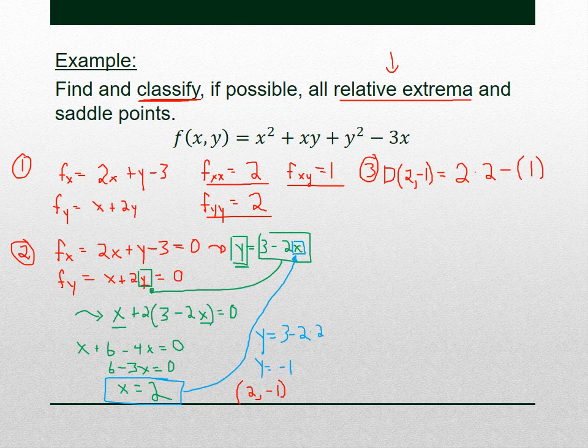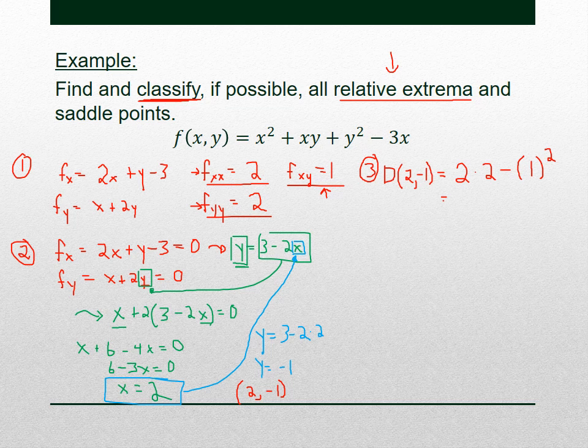Now fyy of (2, -1), well, fyy is also always 2, doesn't matter what you plug in, so that's just a 2 there. And then we're going to subtract fxy, plug in the point (2, -1), but fxy is 1 all the time, so it's still 1. And then we're going to square that.